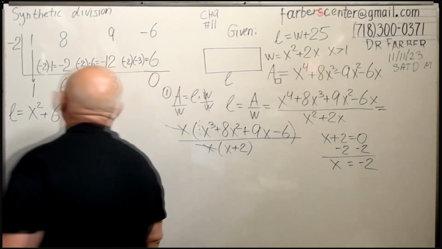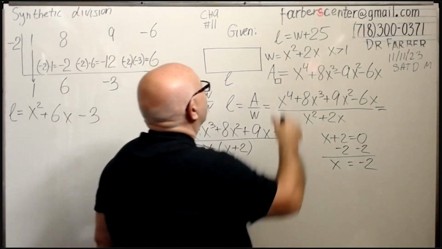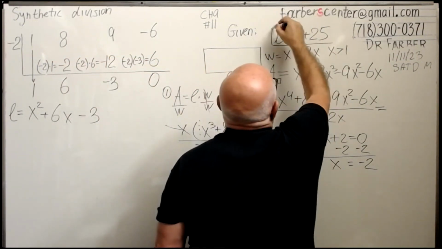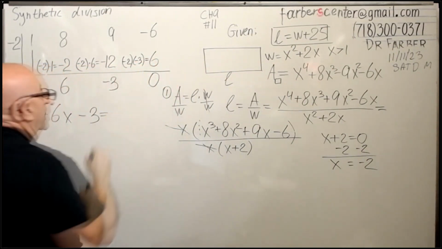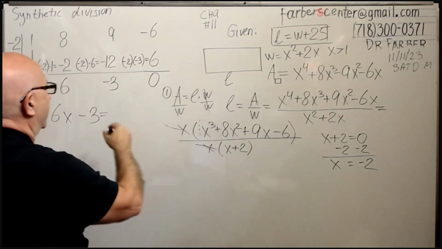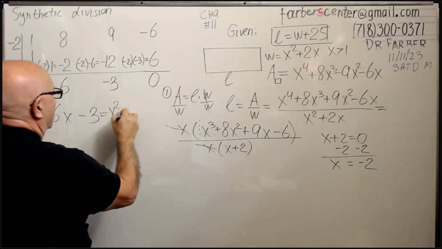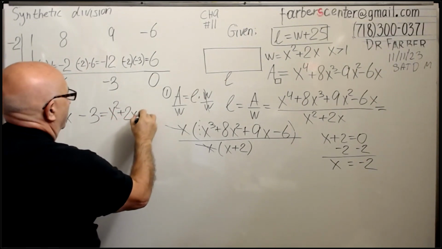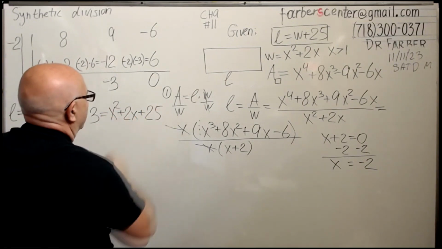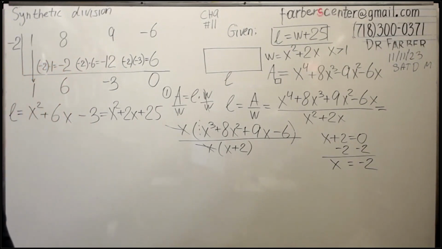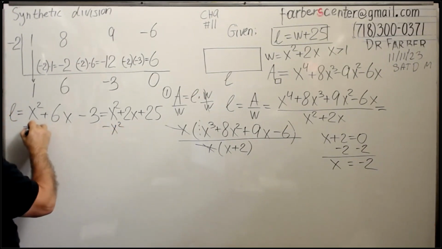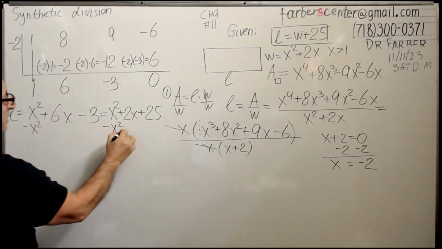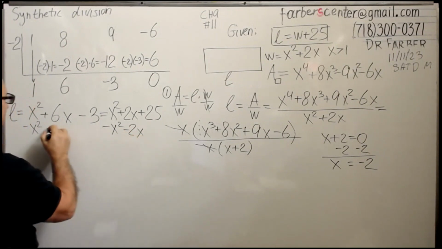Now read the set, use this statement. Our length equals our width, which is x squared plus 2x plus 25 units. Solve this equation. Minus x squared and minus x squared. Minus 2x and minus 2x.